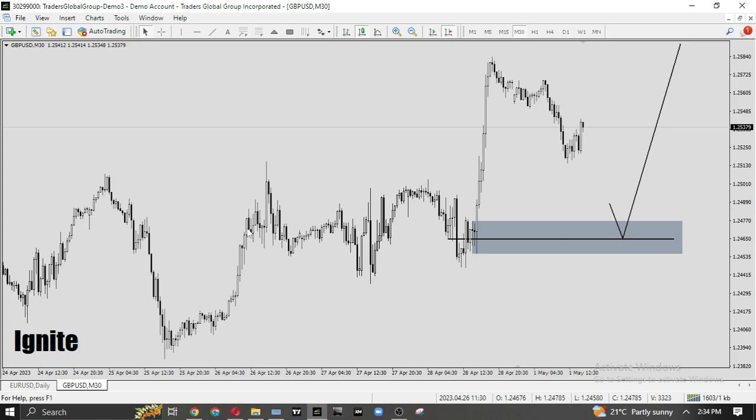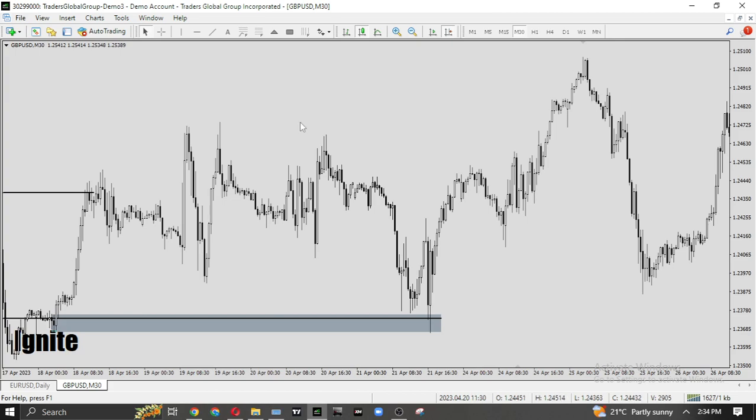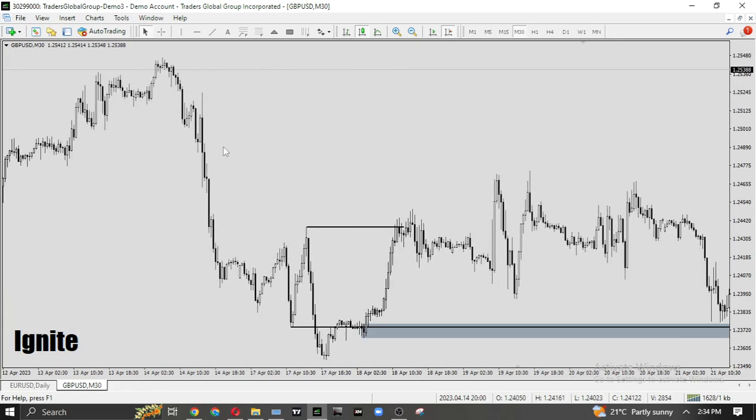I'm still going to upload a lot of videos which I believe will be helpful to your trading journey. So as I said, the key thing: check the higher time frame order flow. Second thing, go to the smaller time frame, wait for the smaller time frame to switch to the opposite of the higher time frame order flow.